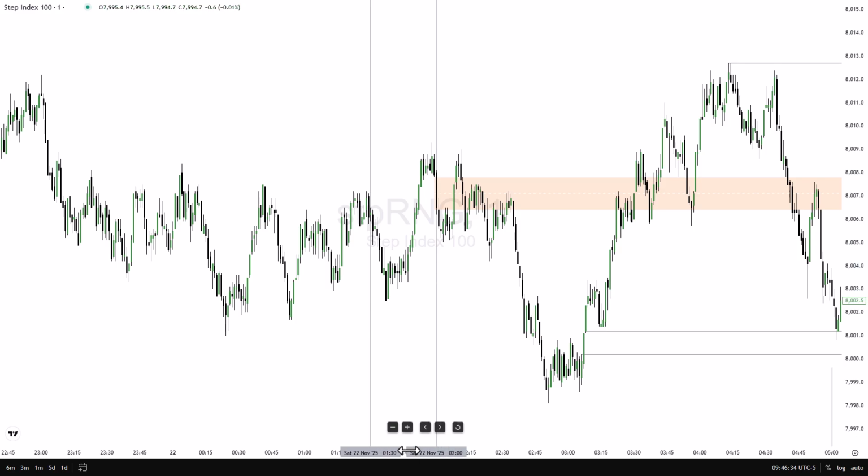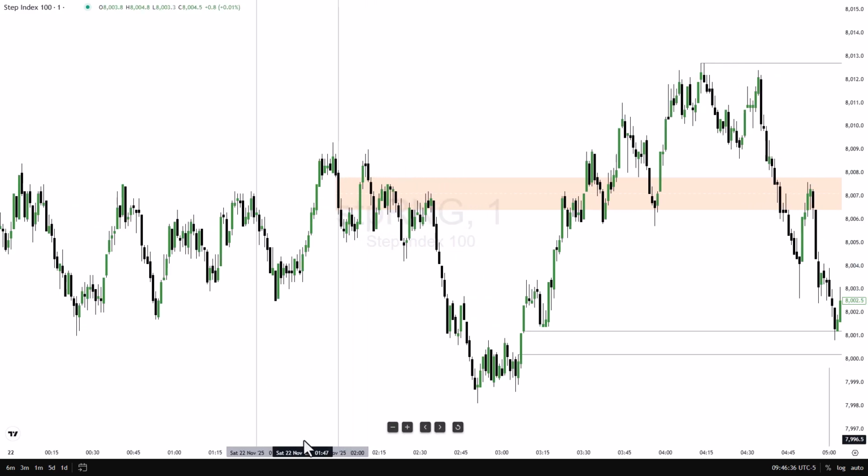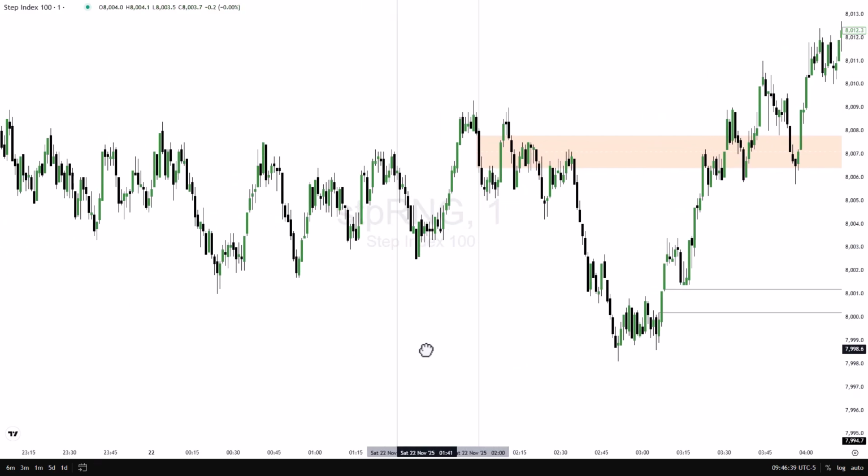You're looking for an inefficiency that is so obvious to the eye. Is this the inefficiency? No. Is this the one? No. This right here, it is a bearish inefficiency. It is larger than all of these inefficiencies here. So the largest inefficiency is going to be the one that you are looking for inside of your opening ranges.